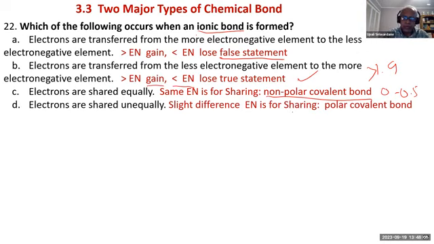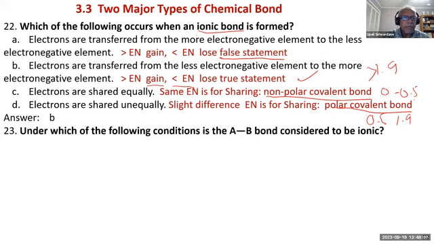Sharing, with an electronegativity difference between 0.5 and 1.9, is the polar covalent bond. We showed you in the previous slide. So for this question, an ionic bond is formed when the electronegativity difference is greater than 1.9. B is the correct answer.